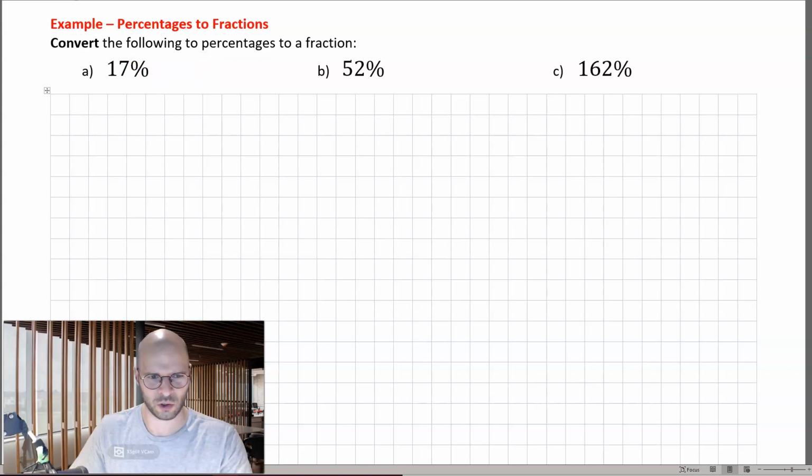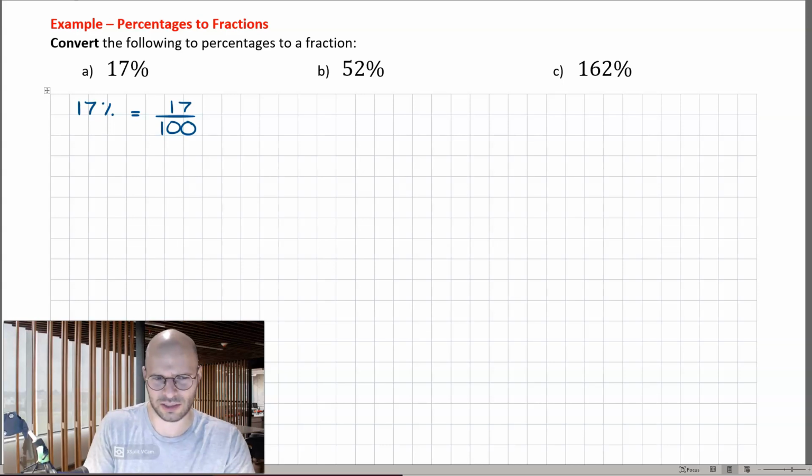Now, if we recall back to our first lesson, we remember that a percentage is always out of 100. Because of that, we can simply write 17% is the same as saying 17 divided by 100, or 17 over 100. And because I know that 17 is a prime number, I know that I can't simplify that any further.